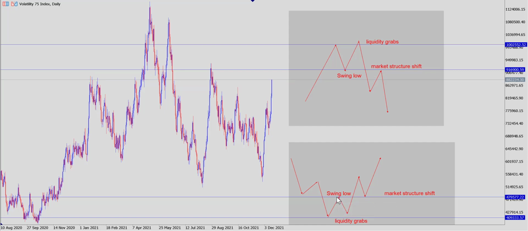We wouldn't want them to trade through the midpoint of this block. What we just want them to do is retest this block and then go upside. You're going to see, as we go into the charts, that before they break this swing low, normally they leave an order block somewhere around this point.